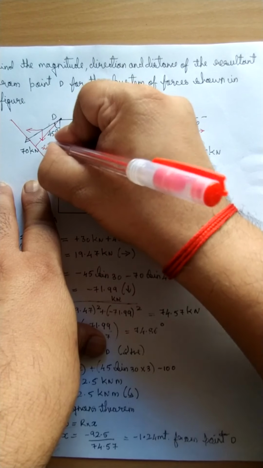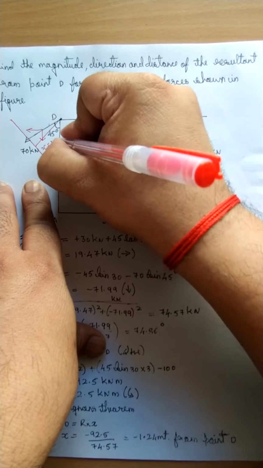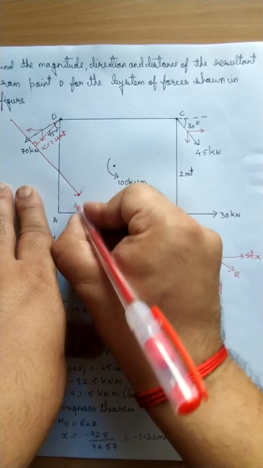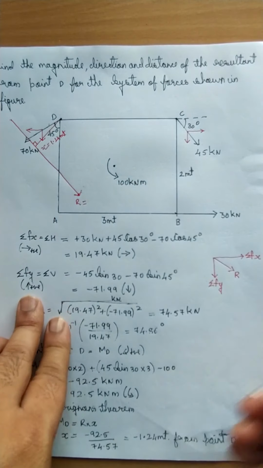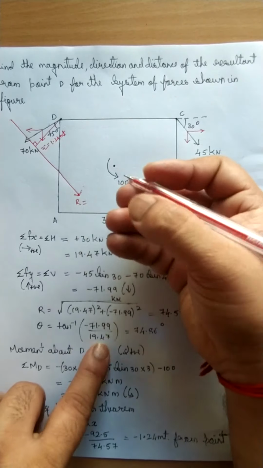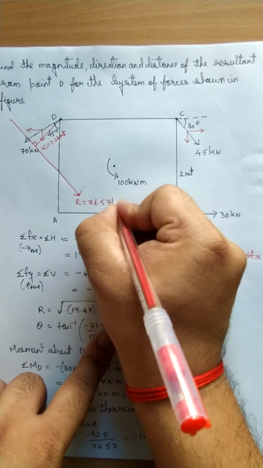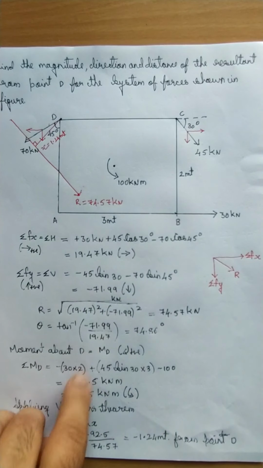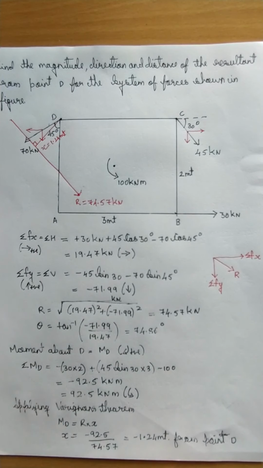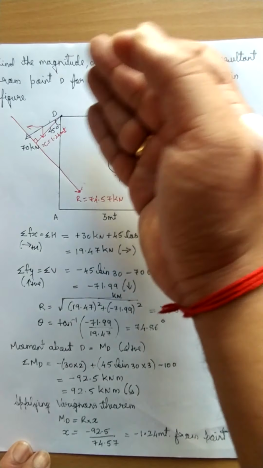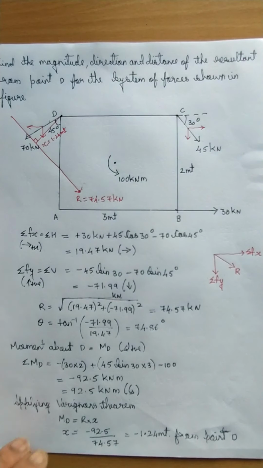So x is equal to 1.24 meter, which will be perpendicular, and this will be the resultant, which is 74.57. So this is how we have to consider. If you get this as positive, it will be on the upward side; if it is negative, it is on the downward side. So this completes the numerical.